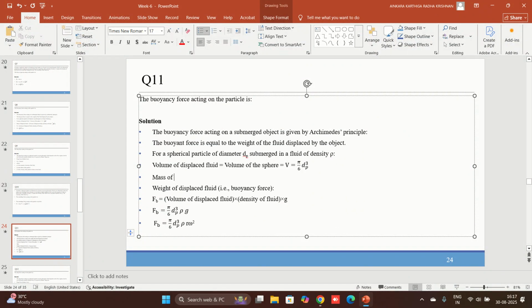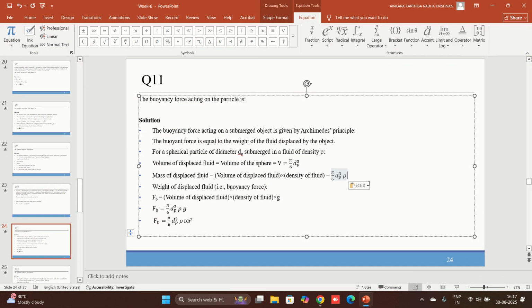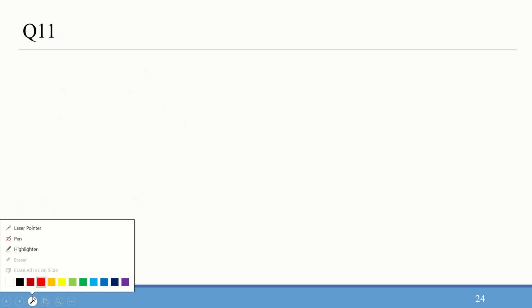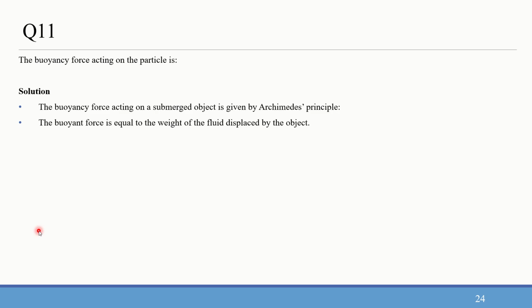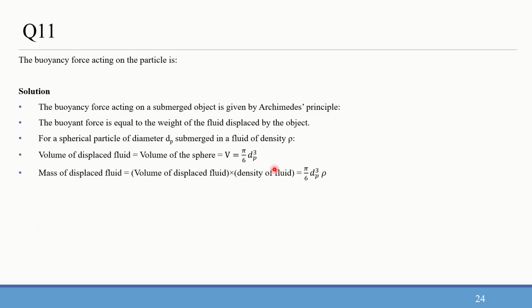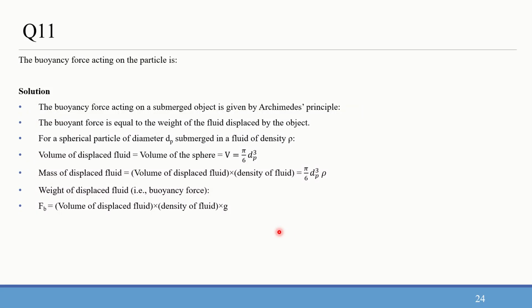So we can write one more line: mass of displaced fluid is equal to pi by 6 dp cube into rho, and weight of displaced fluid is volume of displaced fluid into density of fluid into g, or pi by 6 dp cube rho g.